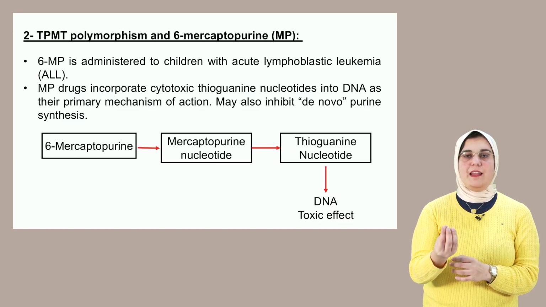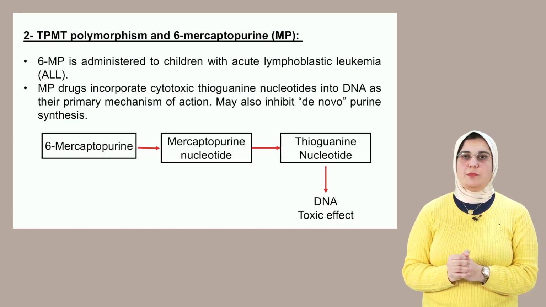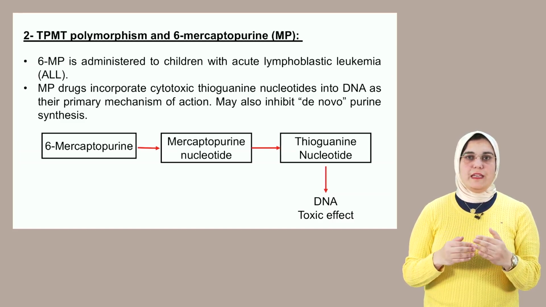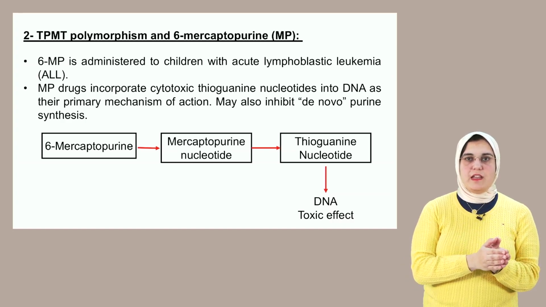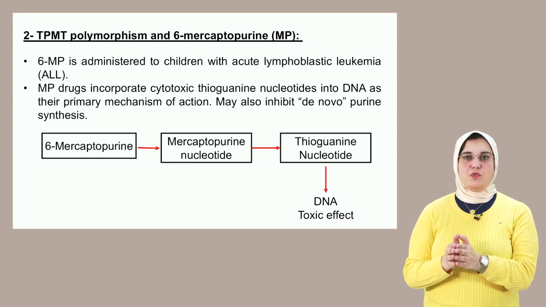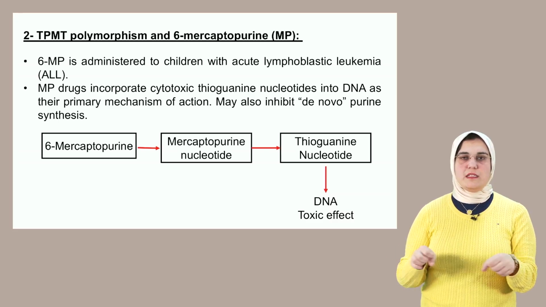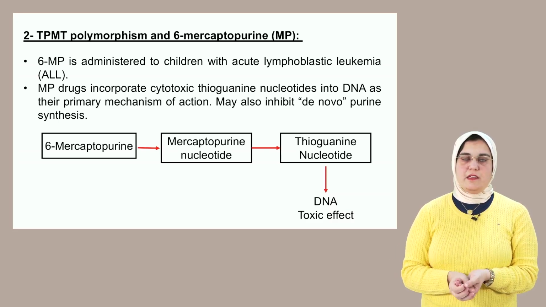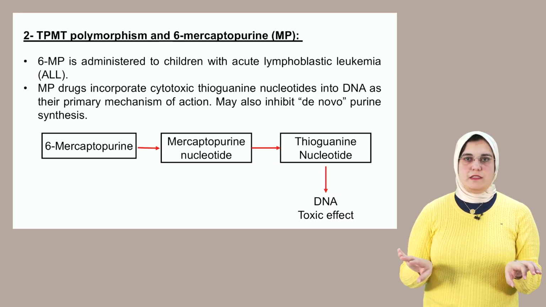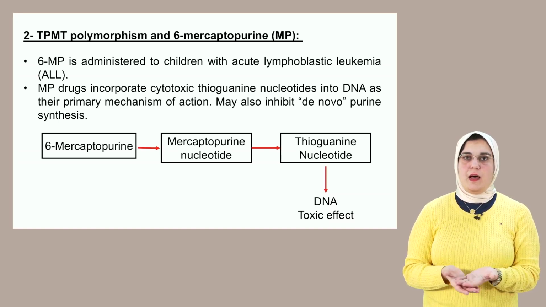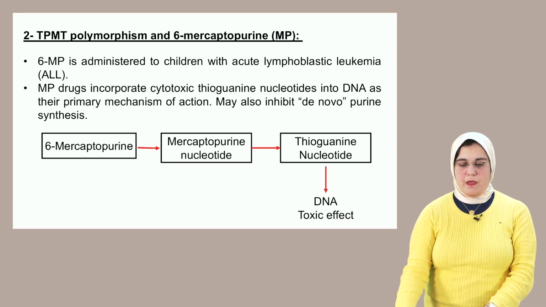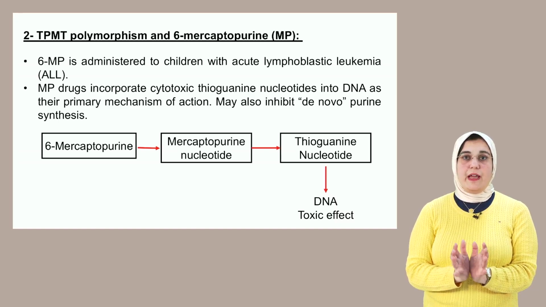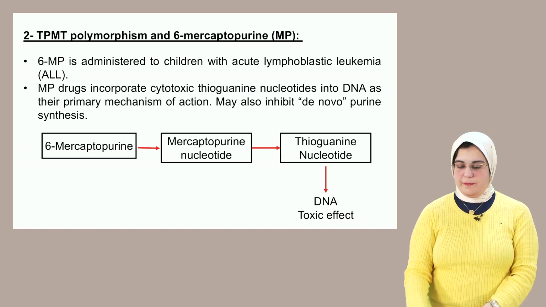We give the cell a false copy of the 6-mercaptopurine. So the DNA which the cancer cell is trying to make to divide into 2 new cells is a false DNA. So these cells don't divide. So that's how we treat the cancer. Okay, so this is the primary action of the mercaptopurine.